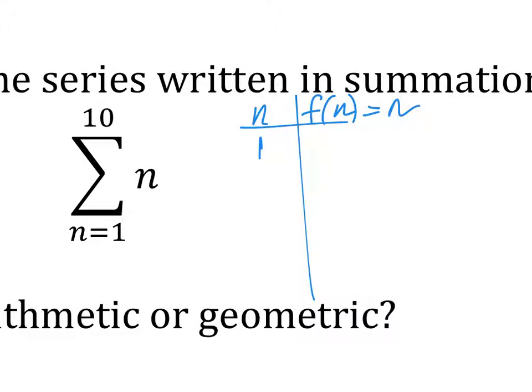Do I go up by the integers or do I put in any number I want? Do I go 1, 2, 3, 4, 5, 6, 7, 8, 9, 10, or do I go 1, 1.1, 1.2, and then maybe 1.23? What kind of numbers do I put in? Integers. Why integers?